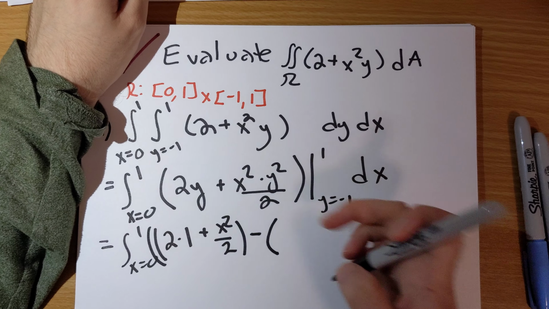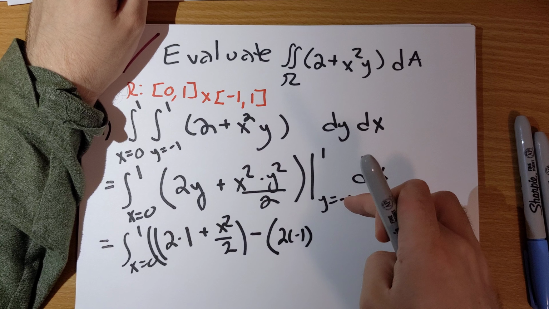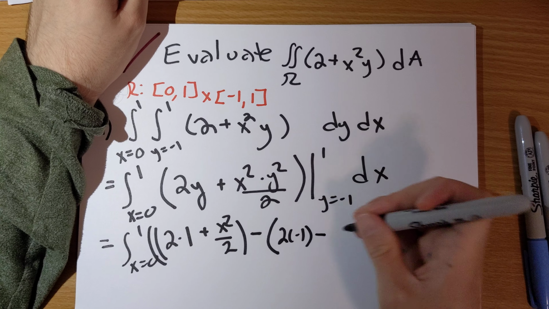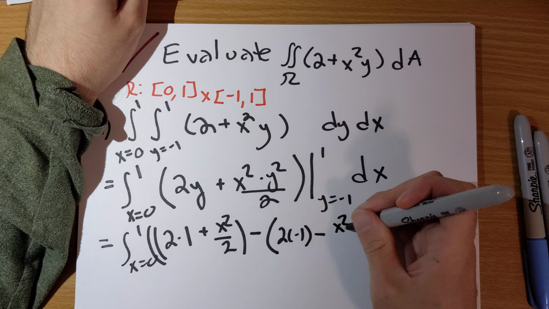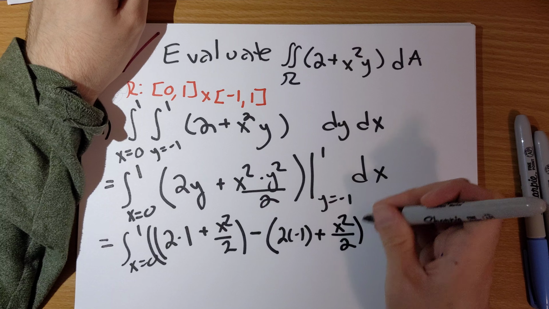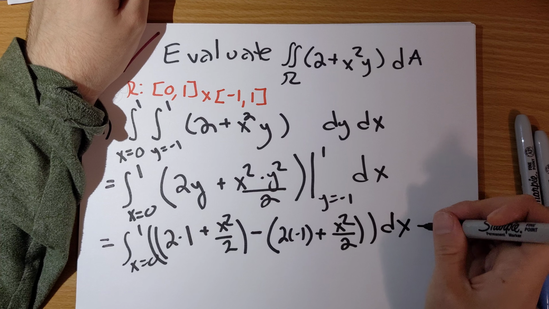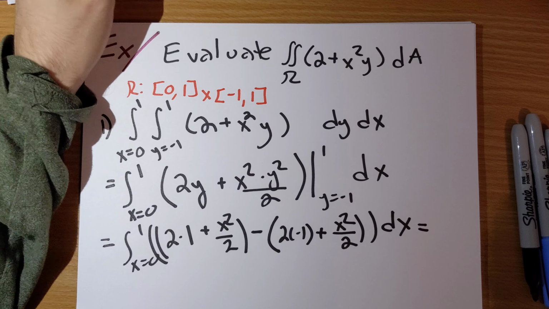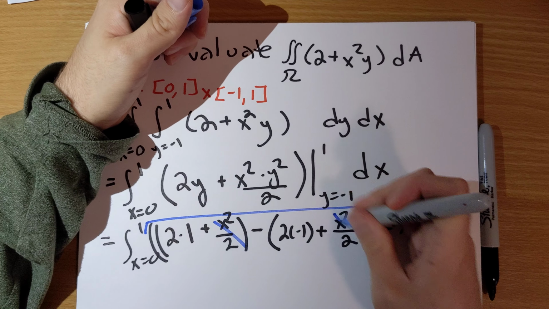Minus, now we plug in negative 1: 2 times negative 1, and negative 1 squared becomes plus 1, so we again have an x squared over 2. The x squared over 2 terms cancel.